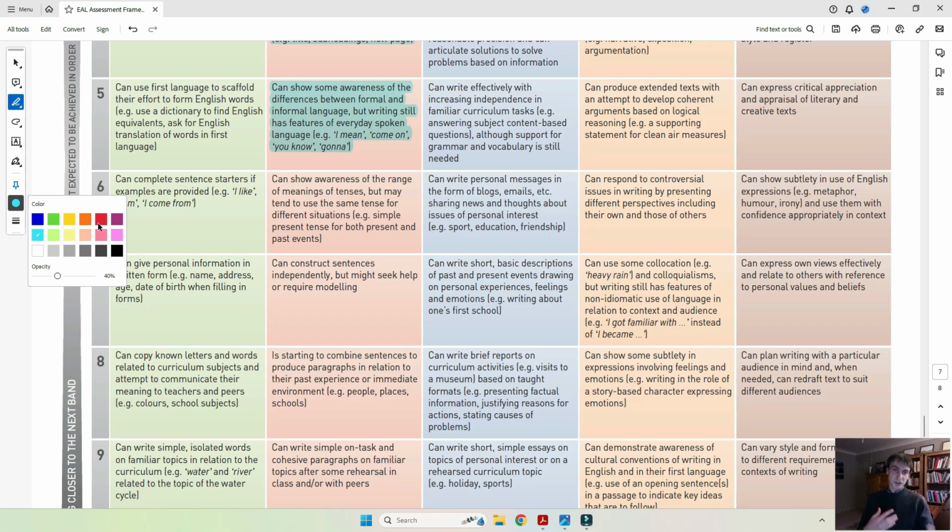There's not even a single case where the learner would have tried to use that. So what I'm going to do is mark this in red, and this might just be the target. This is not something that is fully done quite yet. Now, can construct sentences independently, but might seek help or require modeling. Now, this is very, very likely to be the case.